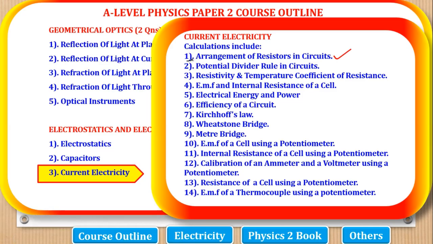One is the calculations, and in these subtopics: arrangement of resistors in circuits, then potential divider rule in circuits, resistivity and temperature coefficient of resistance, EMF and internal resistance of a cell, electrical energy and power, efficiency of a circuit, Kirchhoff's laws, Wheatstone bridge, meter bridge, EMF of a cell using a potentiometer, measurement of internal resistance using a potentiometer, calibration of an ammeter and a voltmeter using a potentiometer, measurement of resistance using a potentiometer, and lastly measurement of EMF of a thermocouple using a potentiometer.